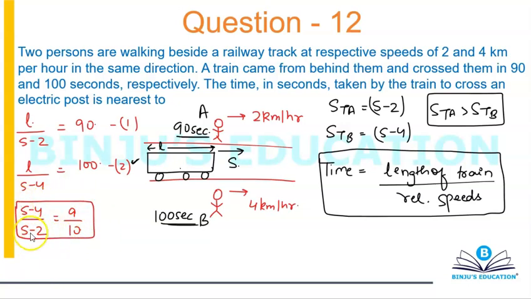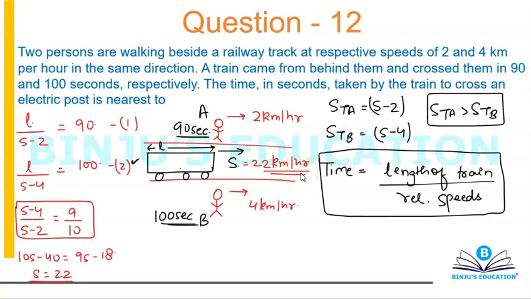You can cross multiply, so 10S minus 40 is equal to 9S minus 18. So you will have S is equal to 22. That means the speed of the train is equal to 22 kilometer per hour.